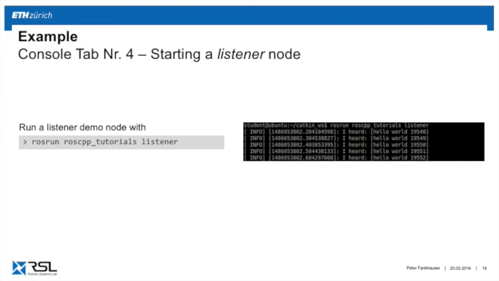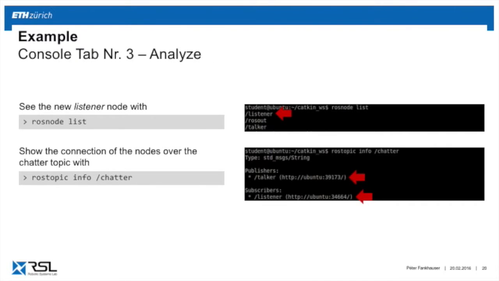Now to see that these two nodes are working together, you can leave them running and go back to your console number 3, where you analyze things. Then you can, again, use the same command as before, rosnode list. Before we only had the talker. Now you'll also see that you started the listener and you have these two nodes running.